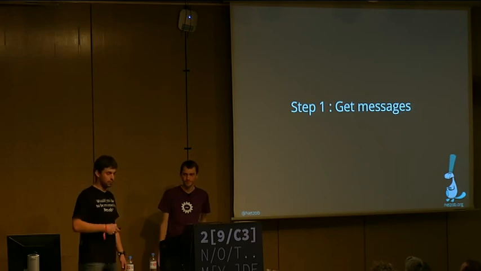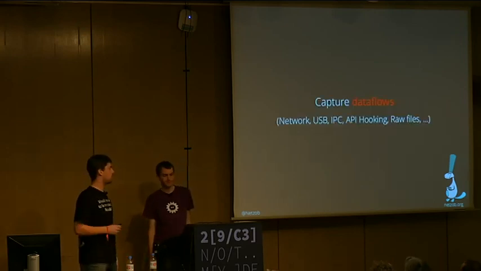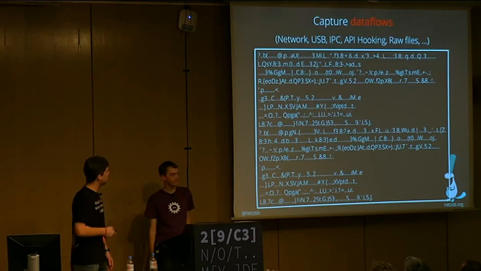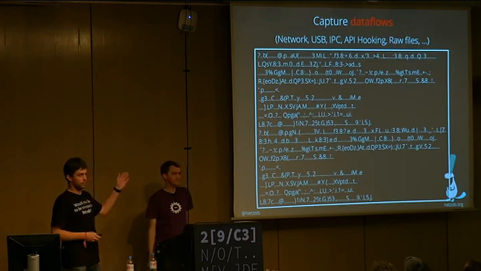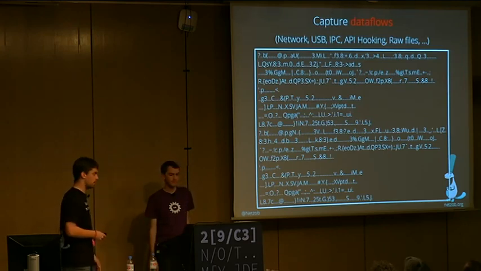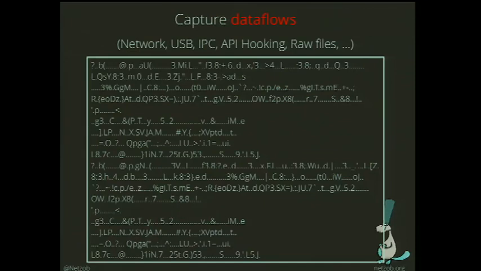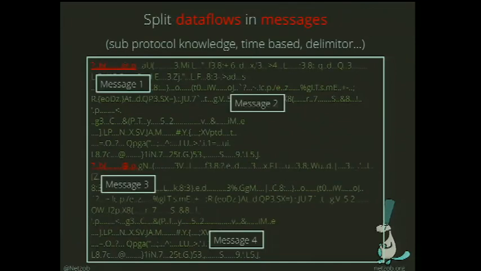So first, you need to extract some data flows from the traces. This is the kind of data flow you obtain from a pcap of ZeroAccess. You split the data flow using previous knowledge of the sub-protocol used, like whether it's over TCP or over UDP, and you can split the data flow into messages, first message, second message.